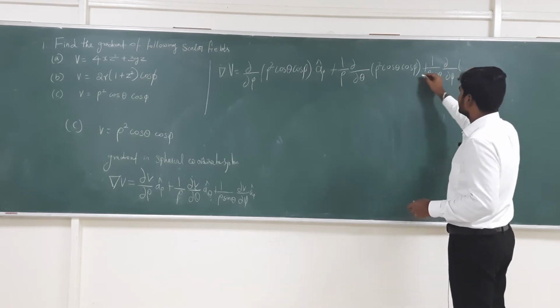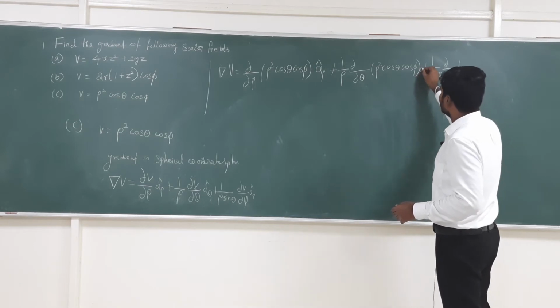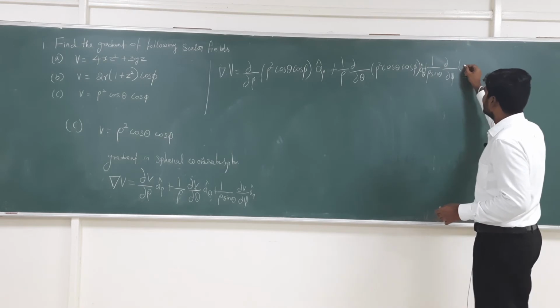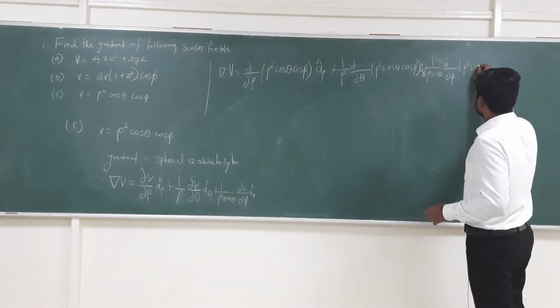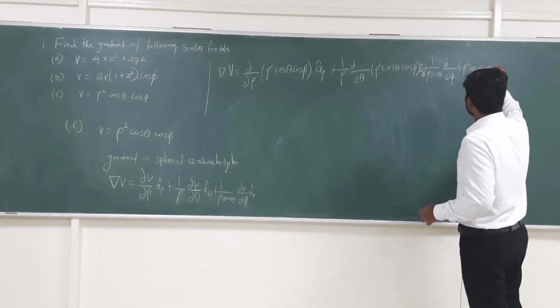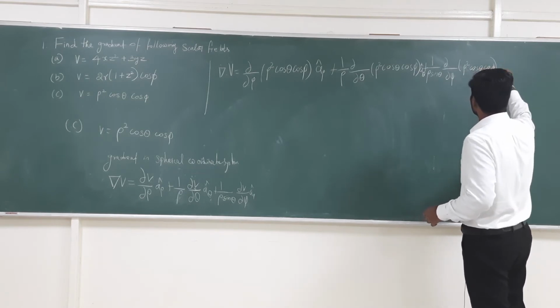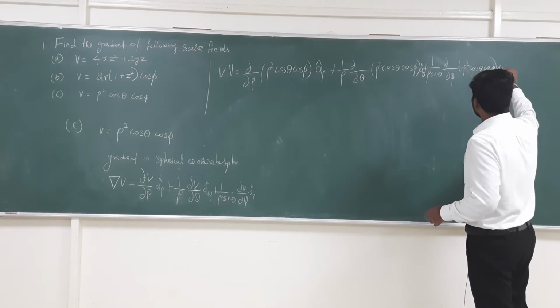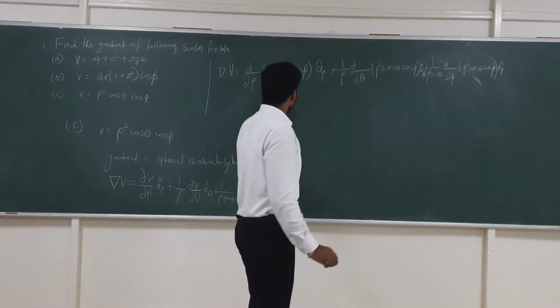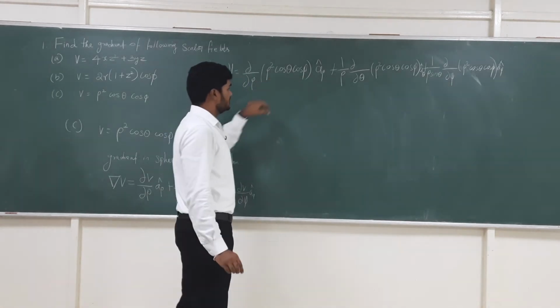Here one term is missing, that is a_θ cap. And then here ρ² cos θ cos φ, and then a_φ cap. Now we substitute the value of v in this formula.